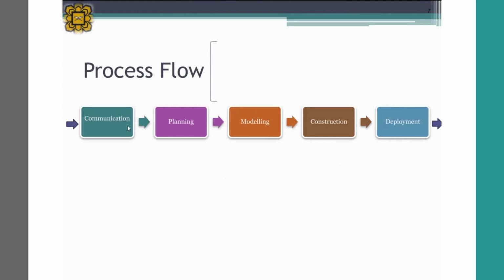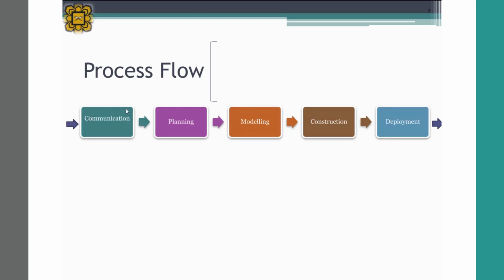So, a process flow. A process model contains the steps. If you go back to the previous slides, it mentioned the steps, right? If you look at this process flow, which element actually demonstrates the flow?